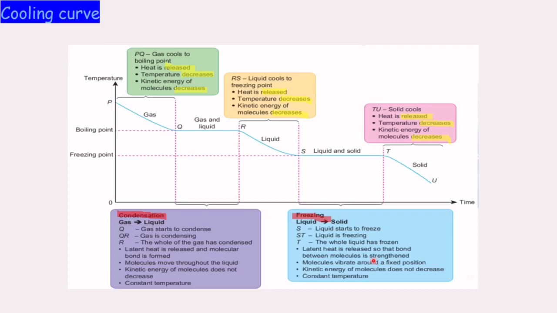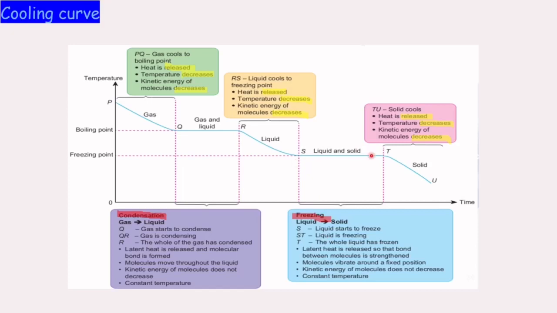When the bond forms, the bond between the molecules is strengthened. The molecules can vibrate around a fixed position. It means that the liquid has already become solid.